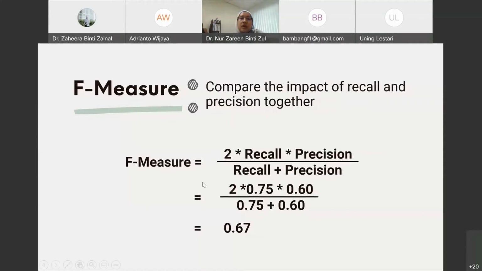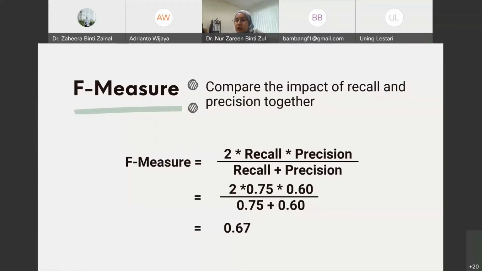Okay, so the way to calculate the F measure would be 2 times recall times precision, and then you divide by recall plus precision. In our case, recall is 0.75, precision is 0.6, and you would get 0.67. So your F measure would be 0.67, meaning that the harmonic mean between recall and precision is 0.67.